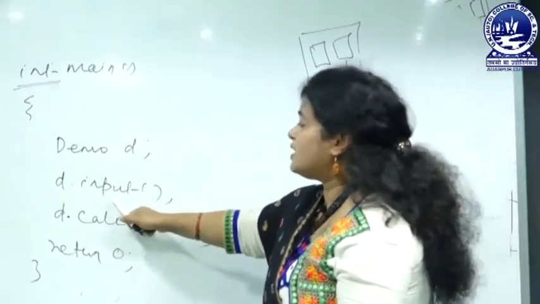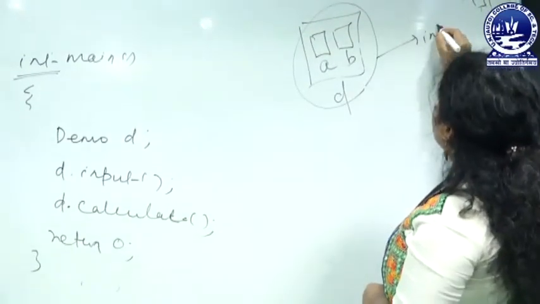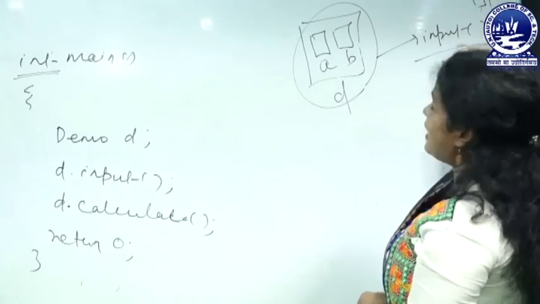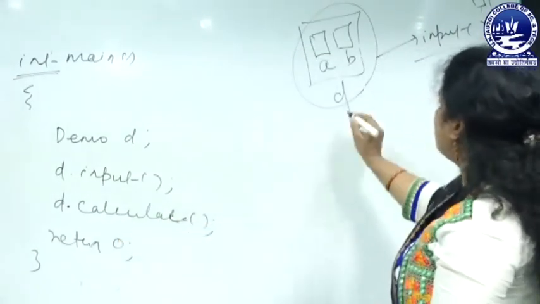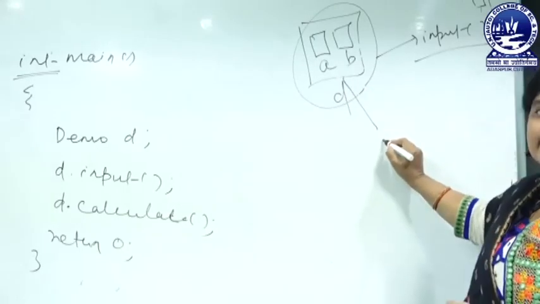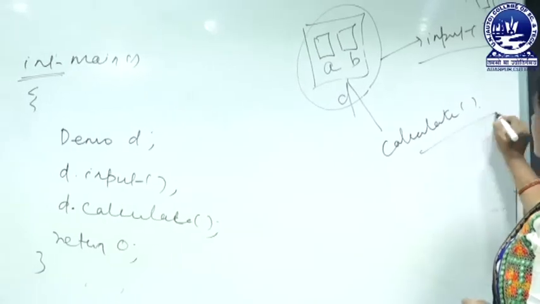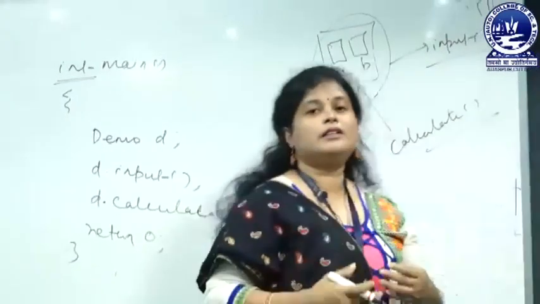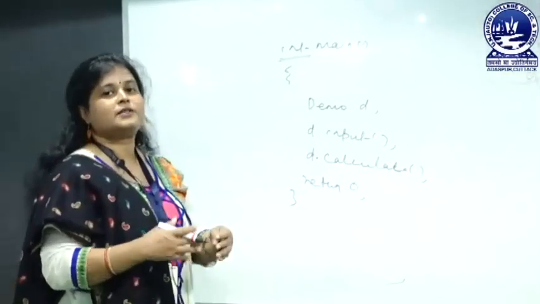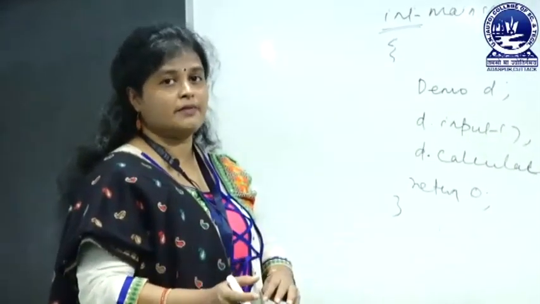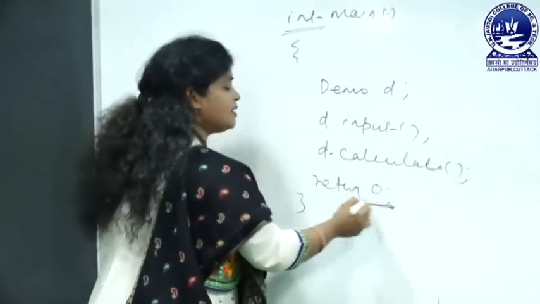Then when you are using D dot input, the D will execute the input method and enter two values, and when you are writing D dot calculate, the D will execute the calculate method, perform all the arithmetic operators with assignment operators and display 6 different values in front of you. Then return 0. Let me explain it.